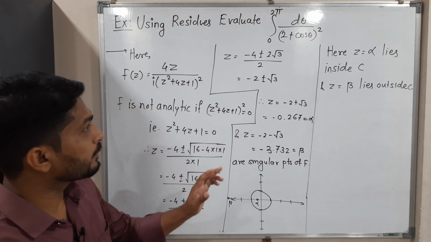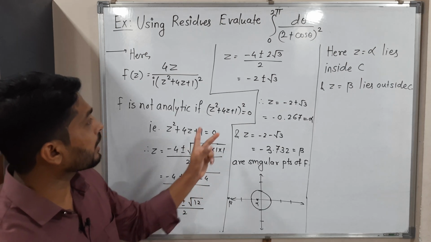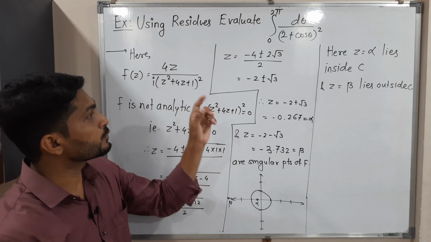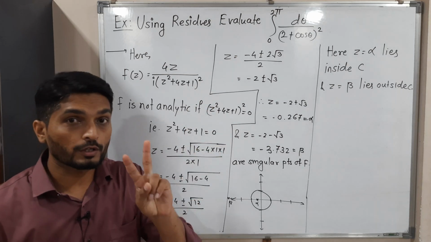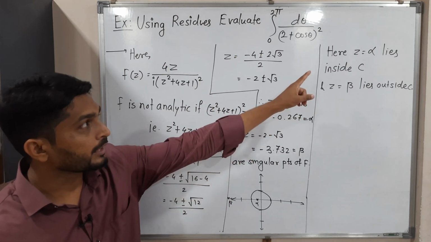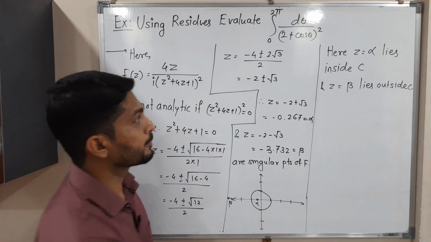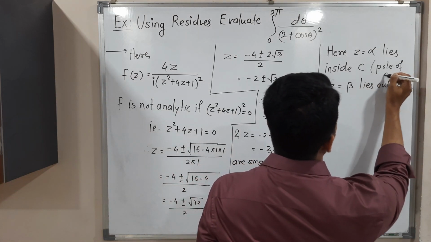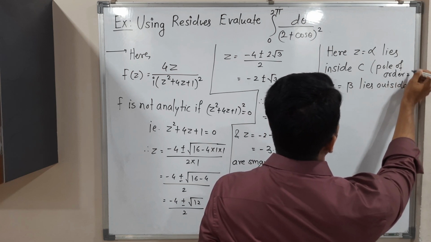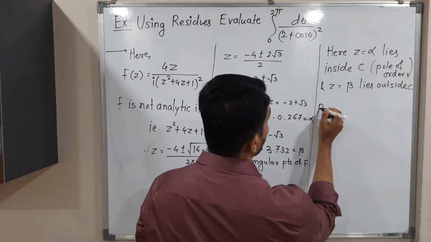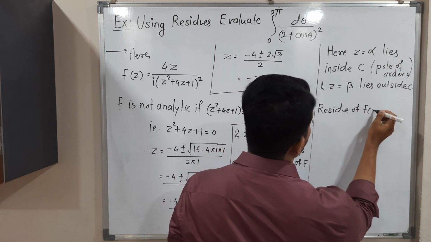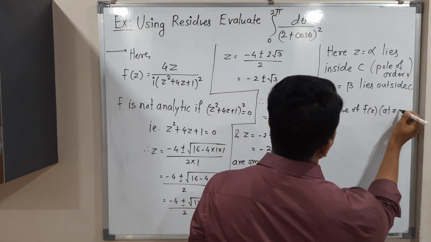Fortunately, z is equal to alpha and beta both are poles of order 2. You can see the power 2 here. So both are poles of order 2. So we are interested in alpha. So that's why I should mention here pole of order 2, right? So let us find residue at alpha. Residue of f of z at z is equal to alpha.